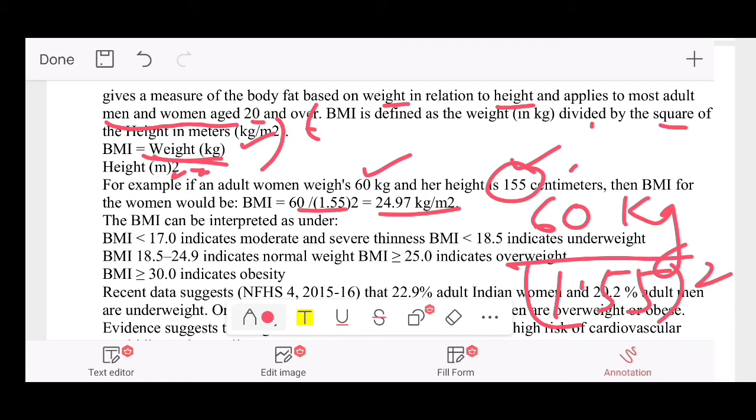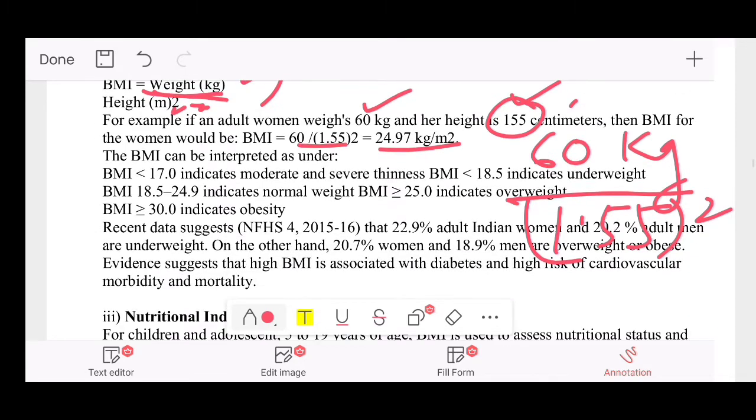The BMI can be interpreted as follows. If the BMI is lower than 17.0, it indicates moderate and severe thinness. If the BMI is lower than 18.5, it indicates underweight, and a BMI from 18.5 to 24.9 indicates normal weight.